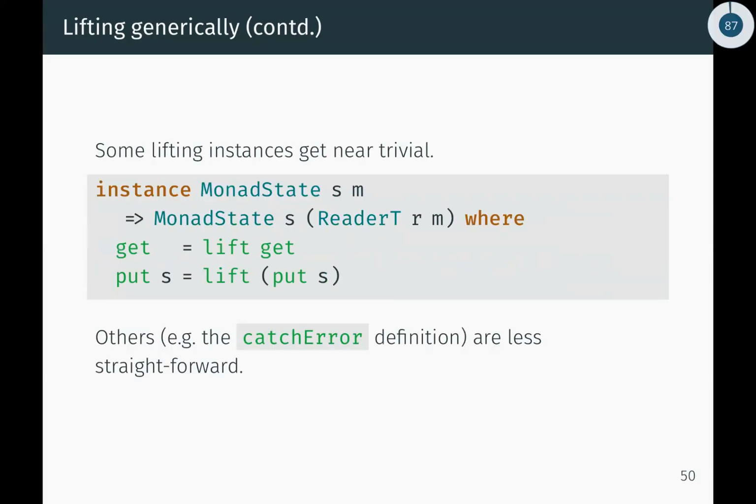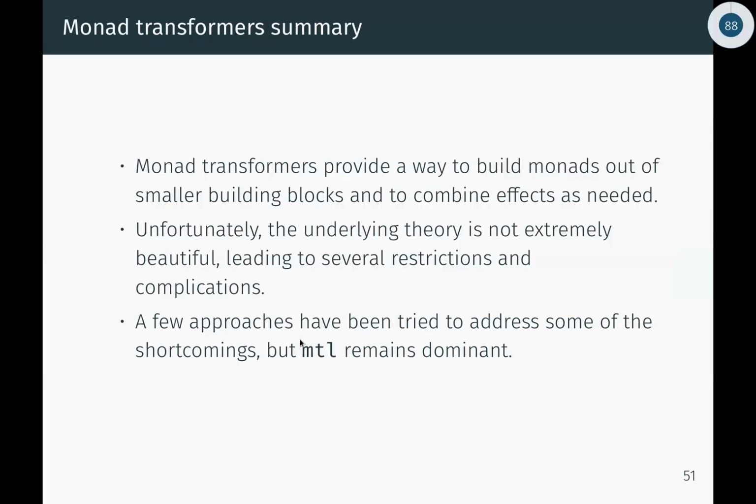So lifting is quite trivial. Normally it's trivial. Once you have lift, writing these instances is very easy. It can be tricky, but that's only for cases like catch error. Catch error is somehow special.